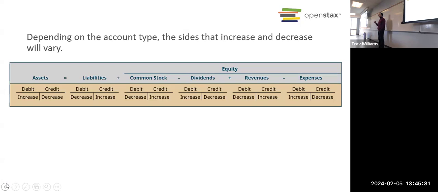Are you ever going to have negative cash? Can you pay out more cash than you actually have? Not really. You can borrow money and get more cash, but you can't really pay somebody cash that you don't have.